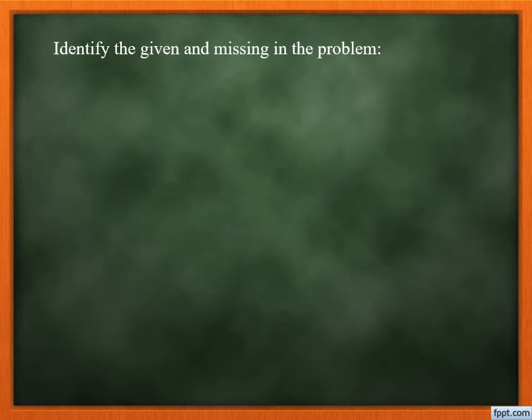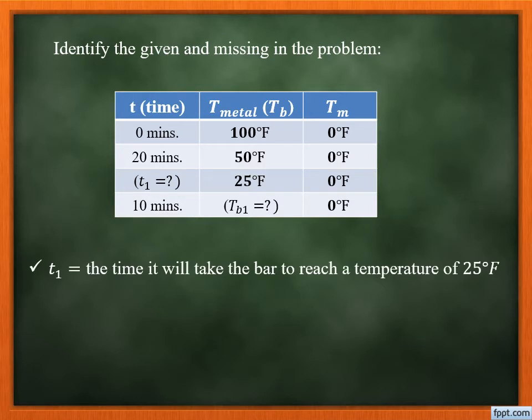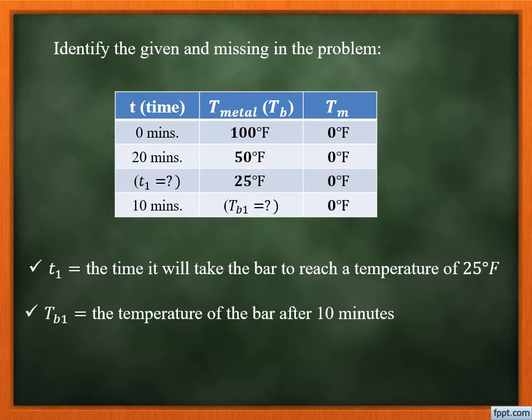For the solution, we need to identify first all the givens and the unknowns in the problem. Writing it down in a table, that will give us this table, wherein T sub 1 is the time it will take the bar to reach the temperature of 25 degrees Fahrenheit, and T sub B1 is the temperature of the bar after 10 minutes.